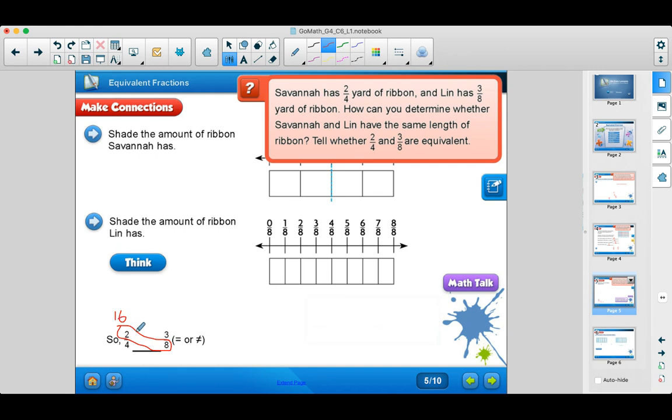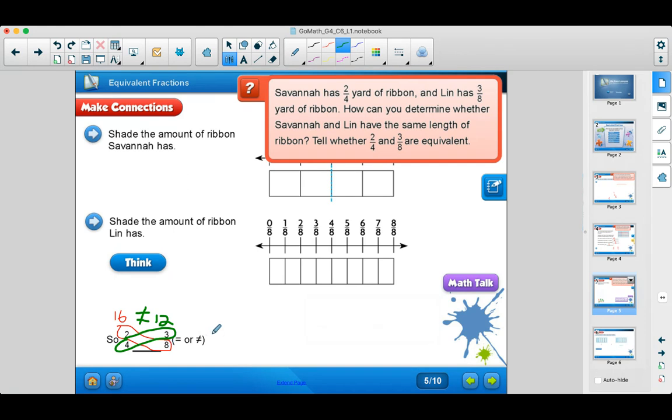And then you multiply the denominator of the first fraction with the numerator of the second fraction. 4 times 3 is 12. If those two products are equal, then they're equivalent. If they're not equal, if they're not the same, then they're not equivalent. So I can say that 16 and 12 are not equal, so 2/4 is not equivalent to 3/8.